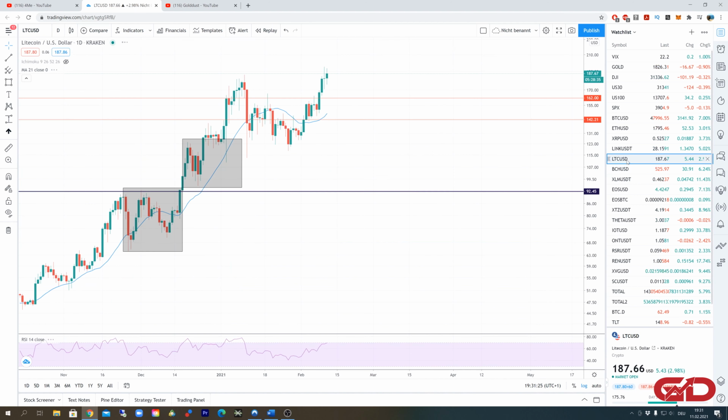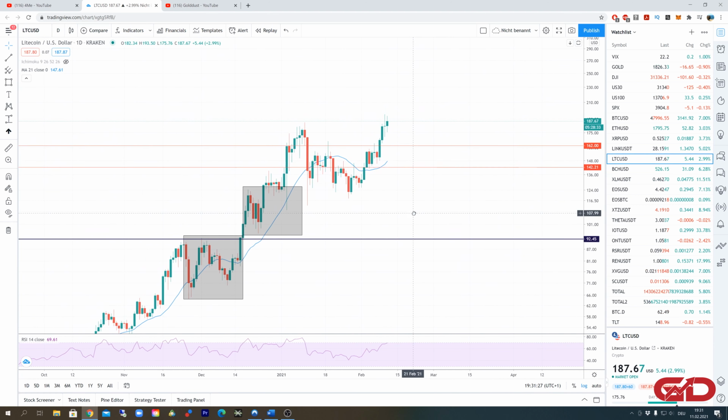Let's switch to Litecoin. Right now we don't have a daily candle close yet, but if this candle closes like this, then we are above the old local high right here. You can see it is very, very close. It would be very good if we go a little bit more to the upside, but right now it is looking good.